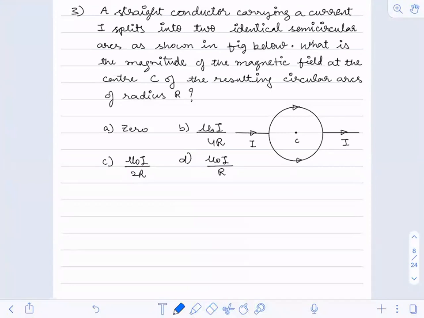Okay. Is it visible now? Is the screen visible now?